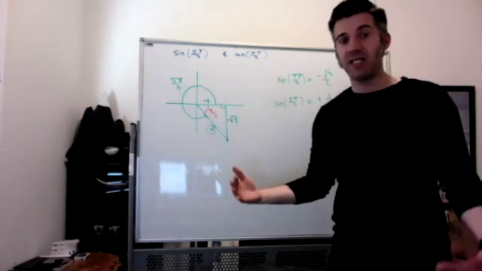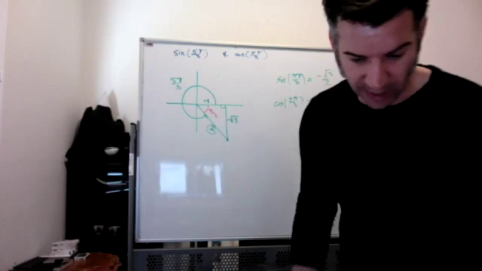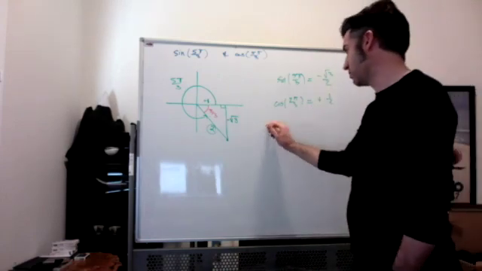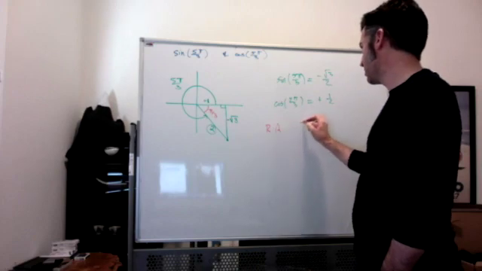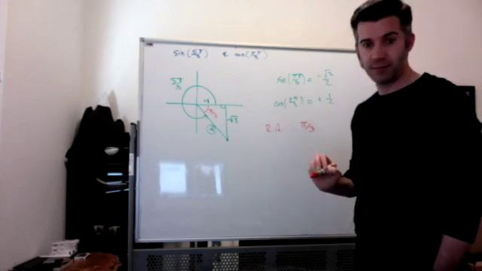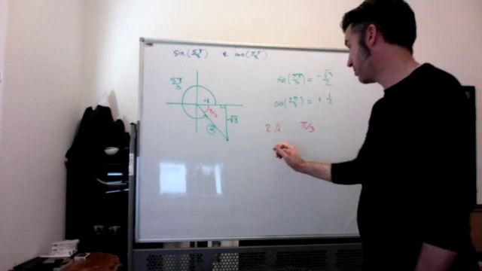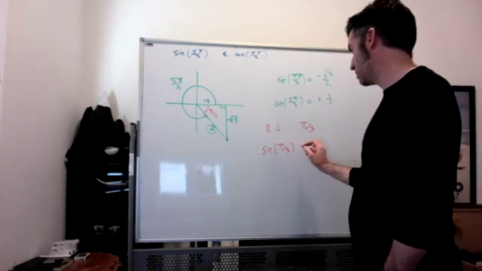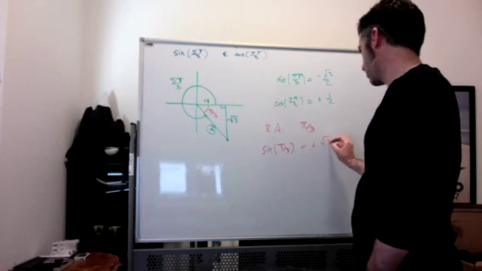In fact, that's the way I usually attack this. I like to say, here's what I know. I'm going to use the reference angle. The reference angle is pi over 3. And we know that sine of pi over 3 is positive root 3 over 2.